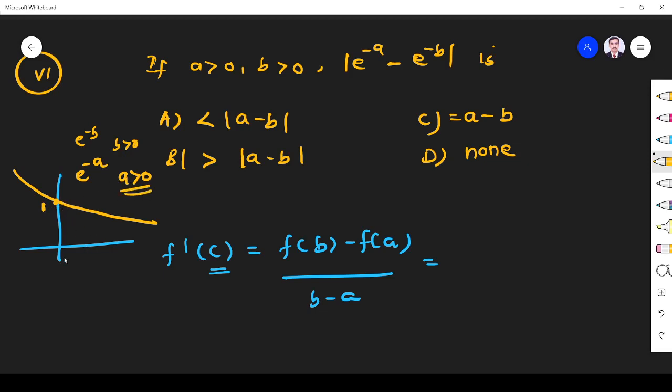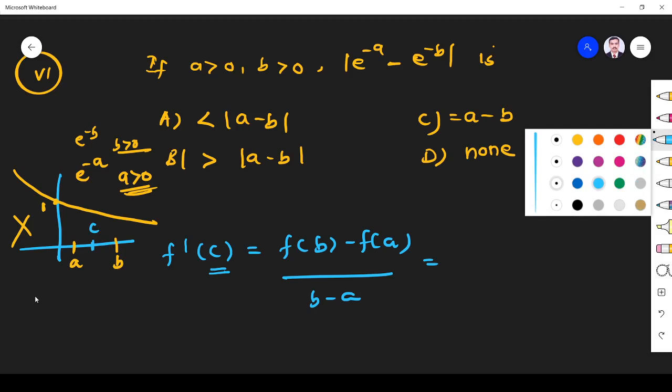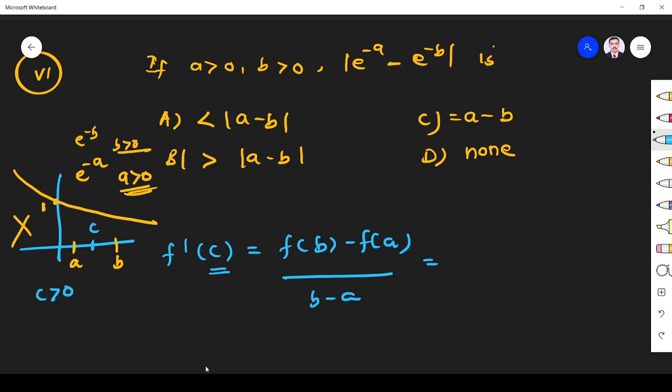A greater than 0 means it is the positive part of the curve, and similarly b is also greater than 0, it will be the positive part of the curve. Right? So the negative part we don't mind because a is greater than 0, b is greater than 0. Then as per Lagrange's theorem, c must lie between a and b, so c must also be greater than 0. Right? So this implies c is also greater than 0. Clear? But it should lie between a and b.